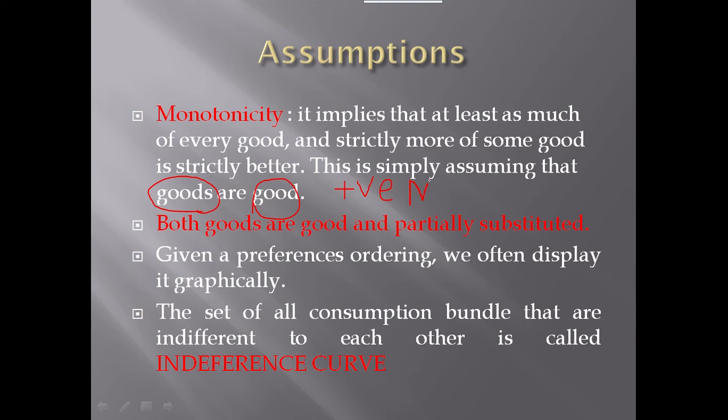So we are assuming here every time the goods give us positive marginal utility, there is no possibility of negative marginal utility or zero marginal utility. The goods are partially substitutable, meaning they are not perfect substitutes of each other. So the individual has to consume a positive quantity of both commodities.